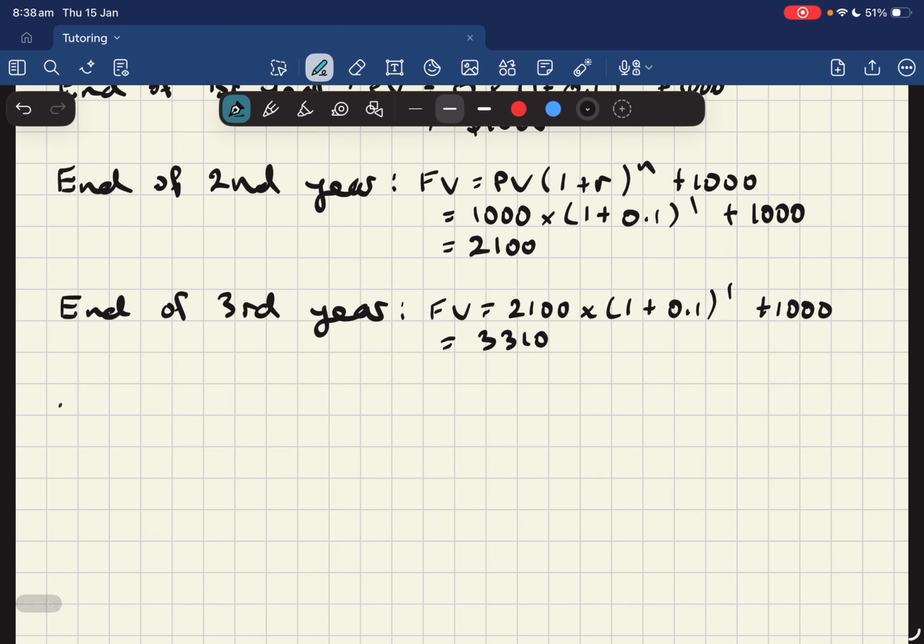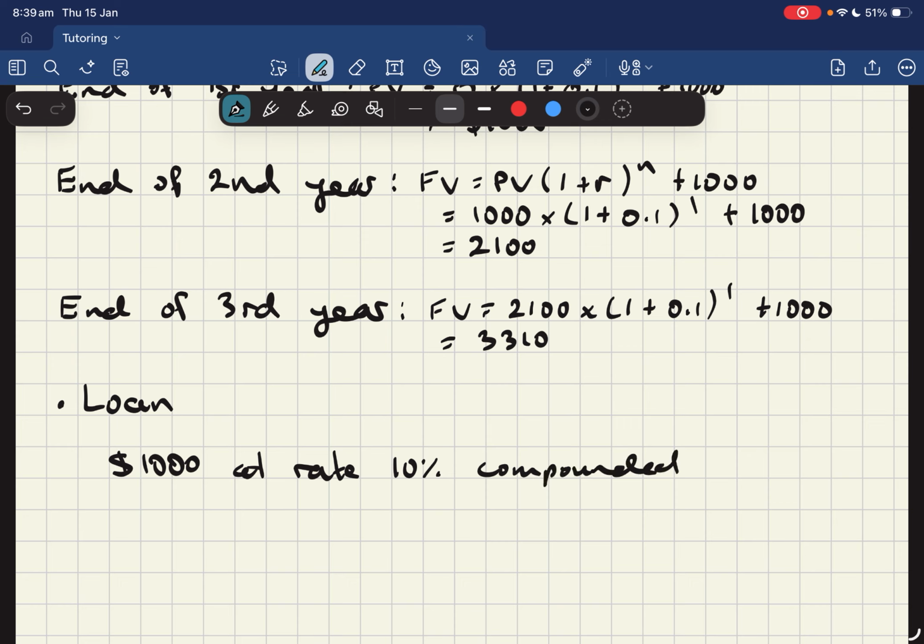Another example would be for a loan. So say you take out a loan, you have $1,000 to pay back. So let's say a loan of $1,000 at the rate of, let's say 10% again, compounded yearly, and making yearly repayments.